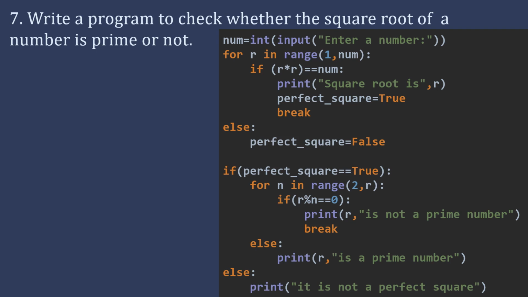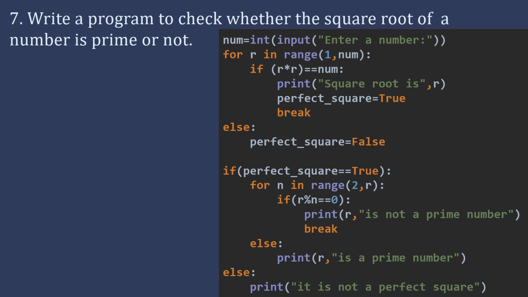As you know how to check whether a number is prime, we take a range from 2 till the number minus 1 and go on dividing the number by all these values. If we find any factor in between, then it is not a prime number. Otherwise, it is a prime number. That means it should not have any factor other than 1 and that number.